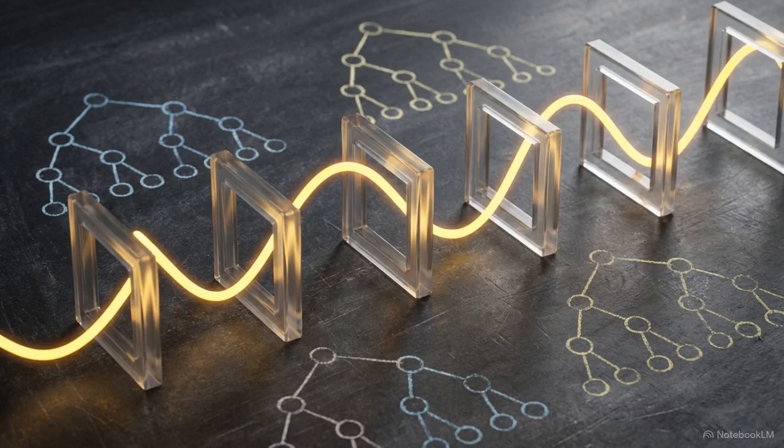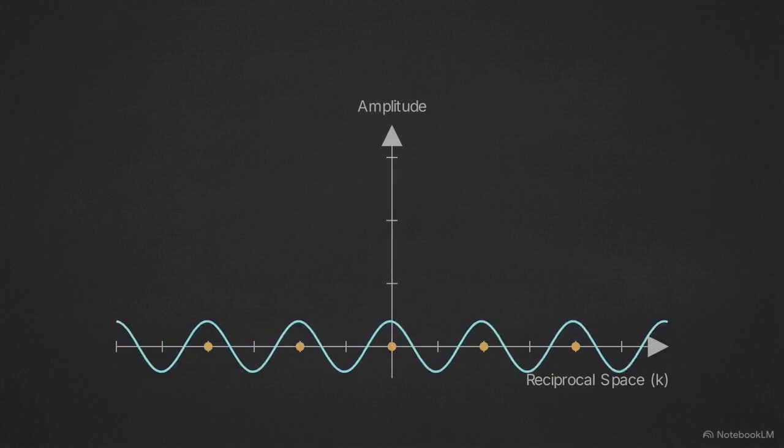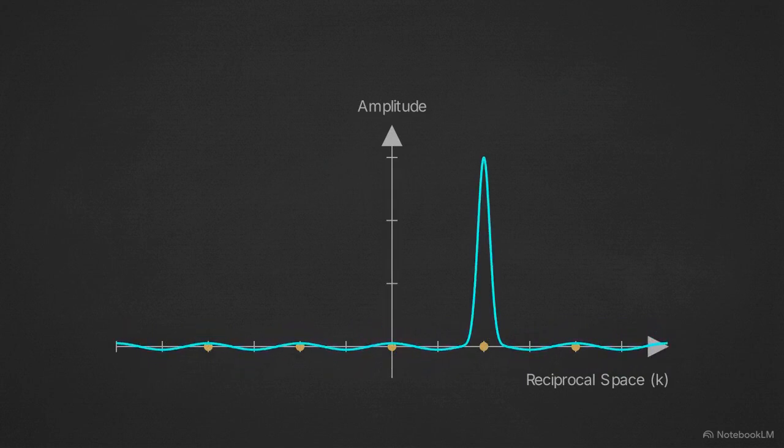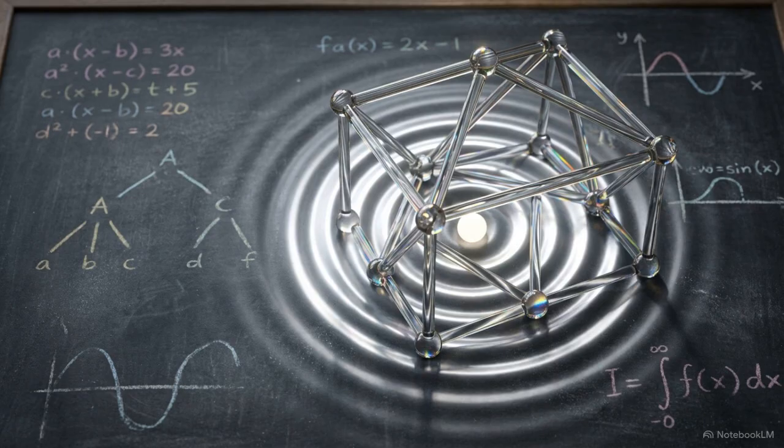While most waves are neutralized, a few specific frequencies pass through the reciprocal lattice unchanged. At the resonance condition, a wave perfectly matches the lattice spacing, triggering a massive amplitude spike. This constructive interference only occurs at exact integer divisors of n. Locating this peak in reciprocal space reveals the original integer's prime factor. No division took place.